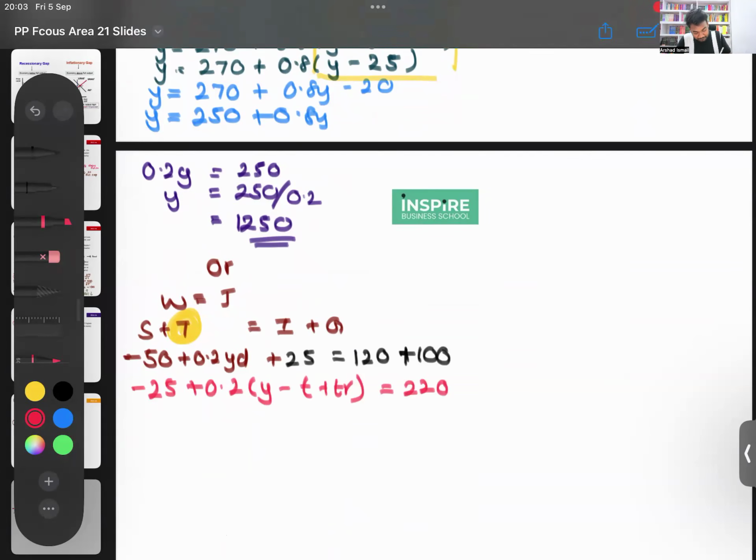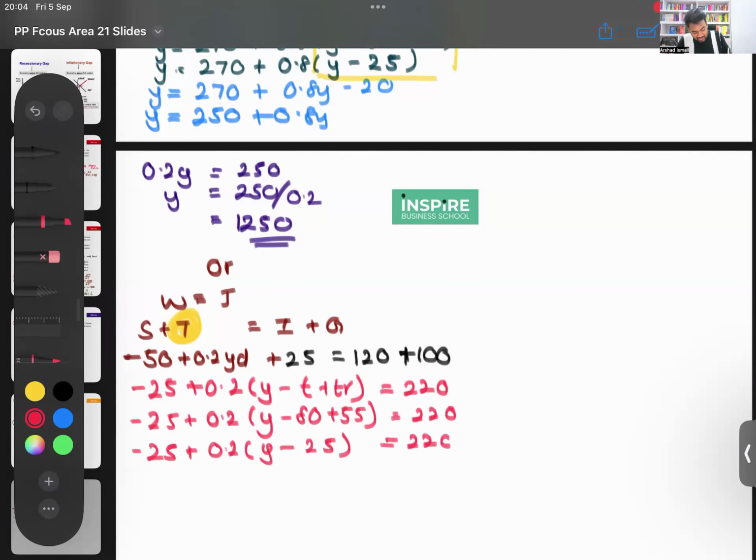So then minus 25 plus 0.2 times (Y minus 80 plus 55) equals 220. So minus 25, 0.2 into Y, 0.2Y, 0.2 into minus 25 is a minus 20.